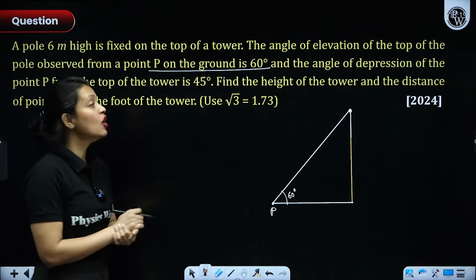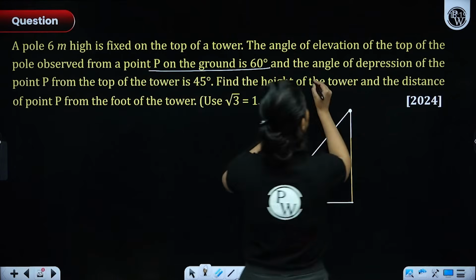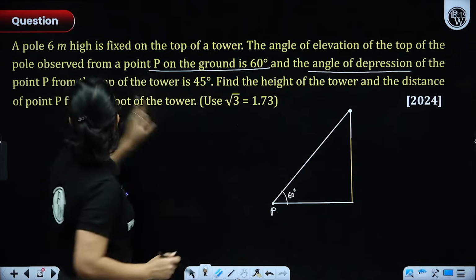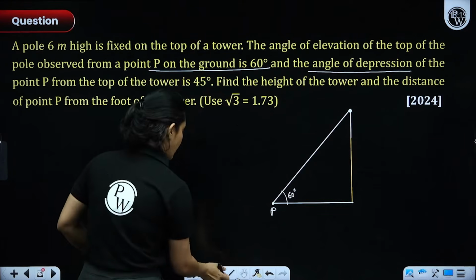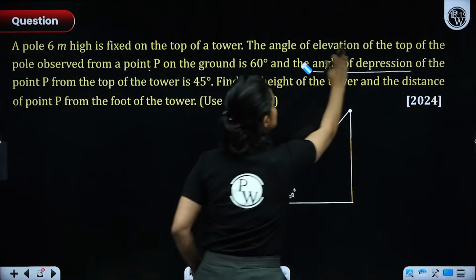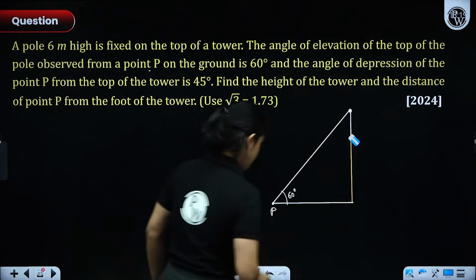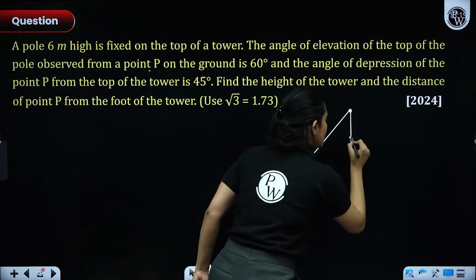Now, the angle of depression of the point P, from the top of the tower is 45 degrees. Understand what they are trying to say. They are saying that from the top of the tower, this is the top of the tower, everyone.